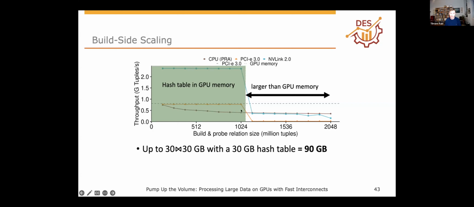And so all of a sudden our NVLink based version will go down if we don't do anything smart. It will go down to basically the same throughput that we would see on the CPU baseline. And our PCI Express based version will go down to a throughput that is much worse than the CPU baseline. So we're actually much slower here.